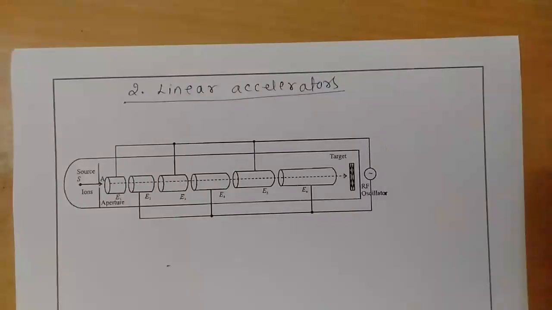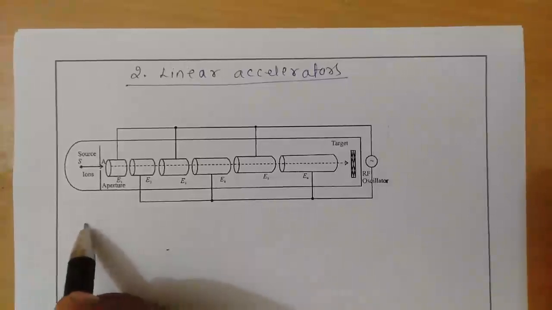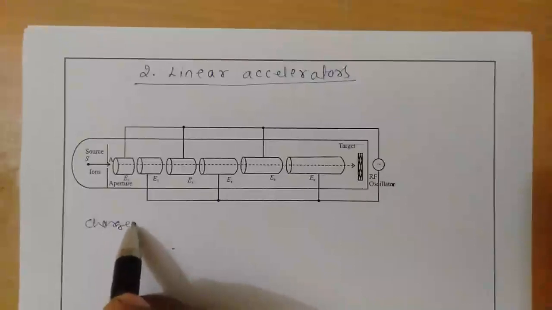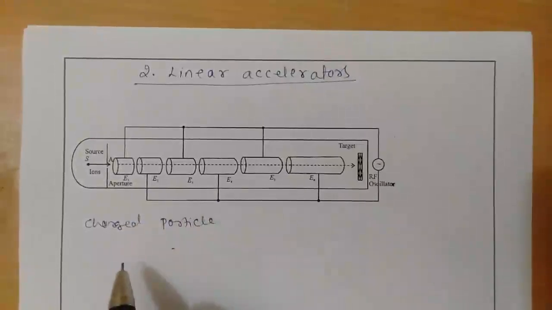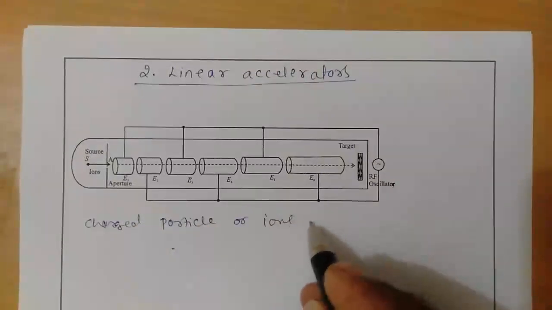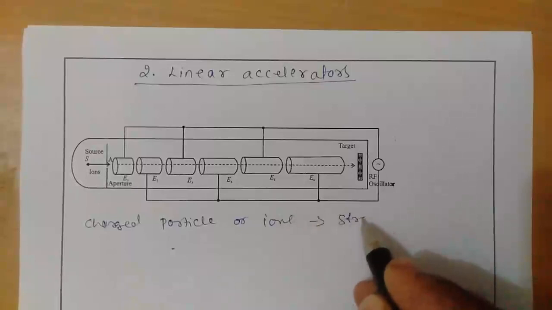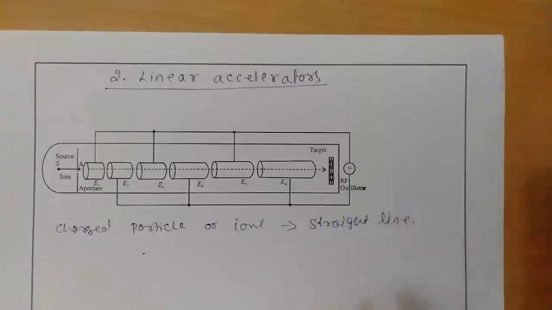A linear accelerator is a device which is used to accelerate charged particles or ions along a straight line. This type of accelerator is what we call a linear accelerator.